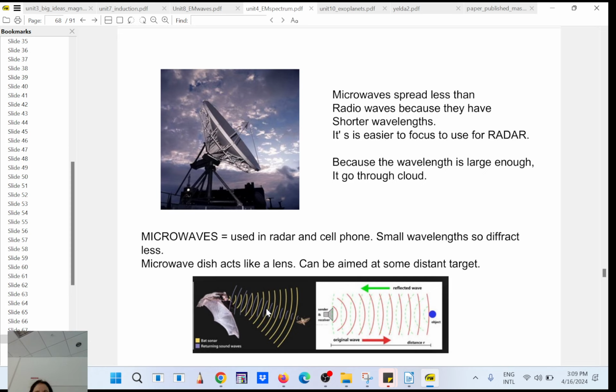No, they use ultrasound. Echolocation. I think they use sound, ultrasound waves. Okay, that's just to give you the idea of echolocation. Thank you for the word echolocation.